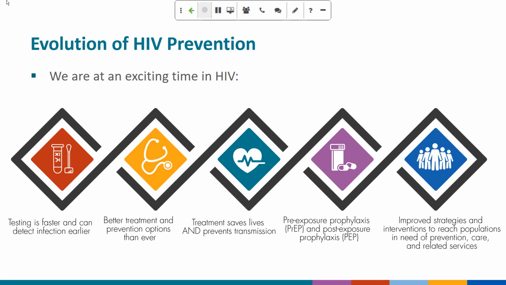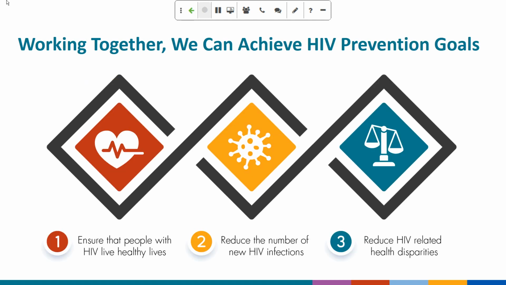And we now have improved strategies and interventions to reach populations in need of prevention, care, and related services. We all share these HIV prevention goals, which include ensuring that people with HIV live healthy lives, reducing the number of new HIV infections, and reducing HIV-related health disparities.